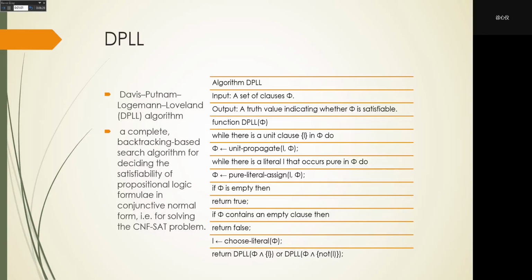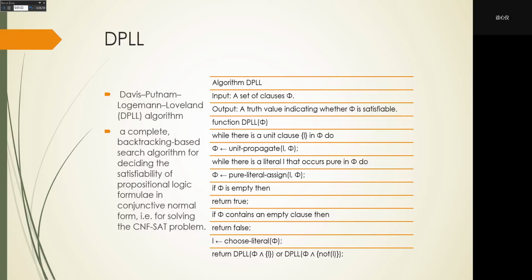Another thing is pure literal elimination. What is a pure literal? It is actually similar to a unit clause. It means that for a variable A, in all of the positions where A shows up, it requires A to be true.